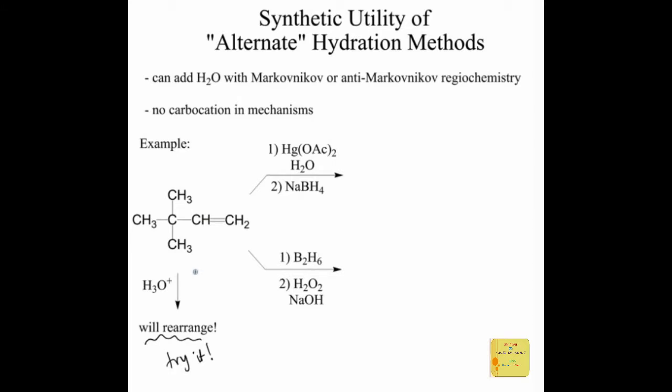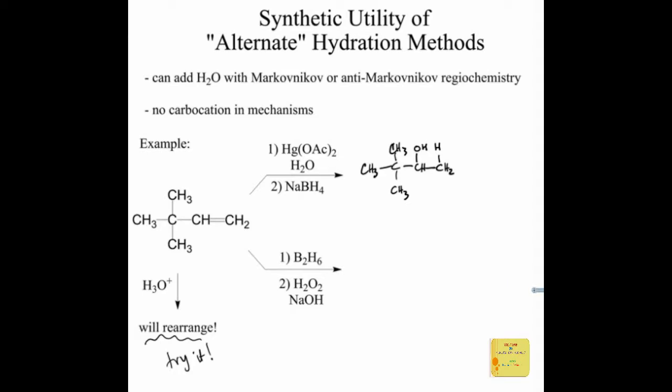So this is the case where if you wanted to hydrate this pi bond with Markovnikov regiochemistry, instead of using H3O+, you would do oxymercuration-demercuration or oxymercuration-reduction. And in doing that, because there's no carbocation and there's no possibility for rearrangement, you would get exactly the product you expect. Hydrogen goes to the end carbon, OH goes to the middle carbon.